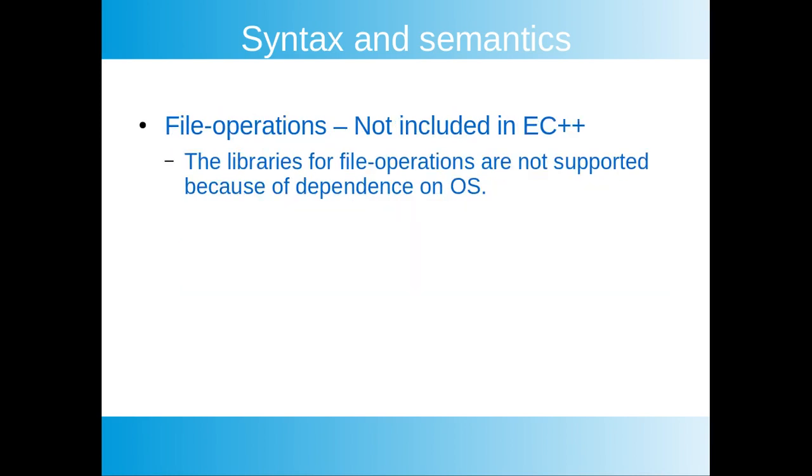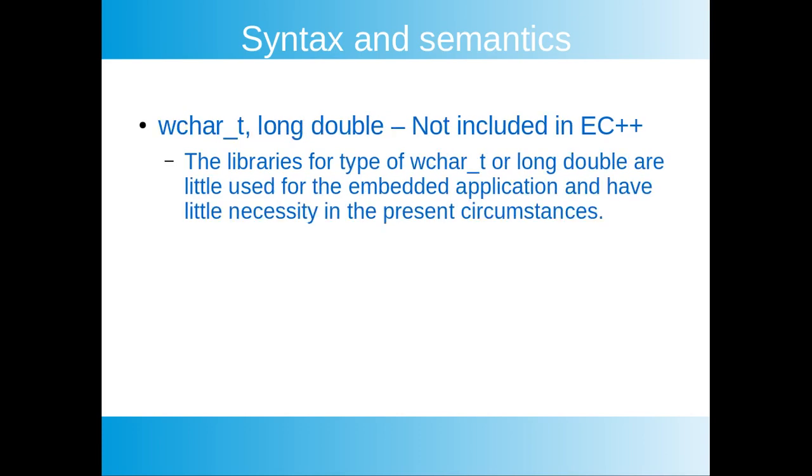Along with the features, many libraries are also removed from embedded C++. The first library they removed from embedded C++ is the file operations library, because file operations are OS dependent. Then they removed some character types.